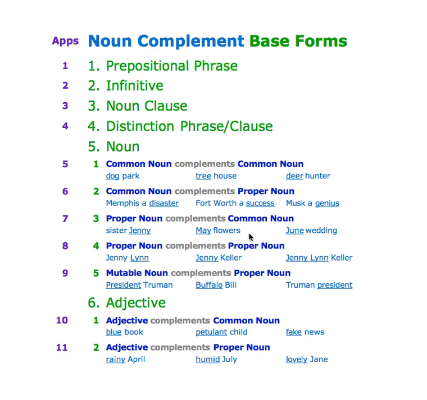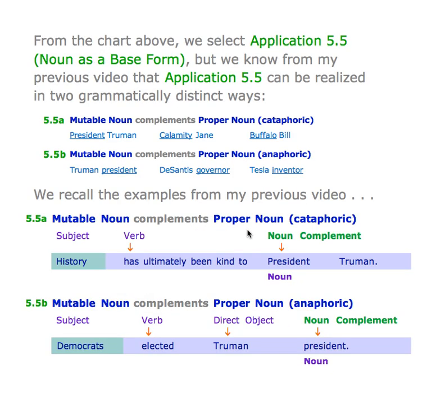Well, let's try it. From the chart above, we select application 5.5. That's a noun as a base form. But we know from my previous video that application 5.5 can be realized in 2 grammatically distinct ways.